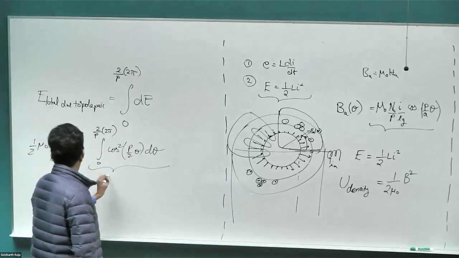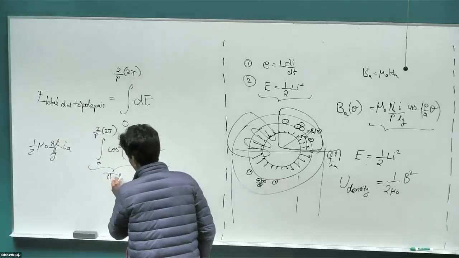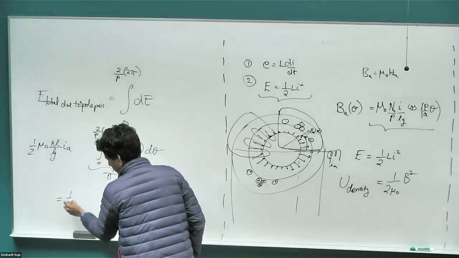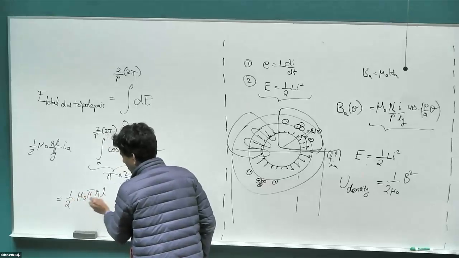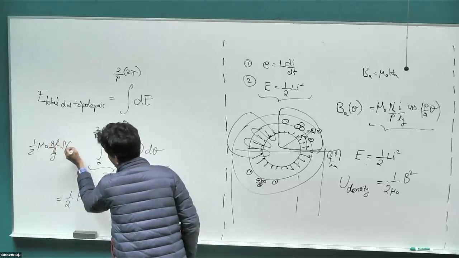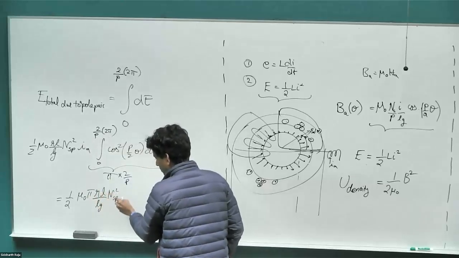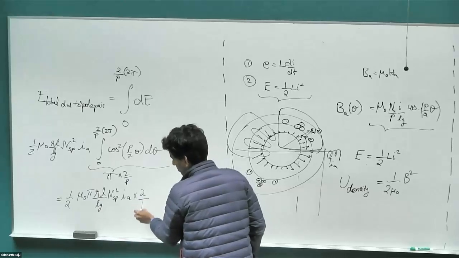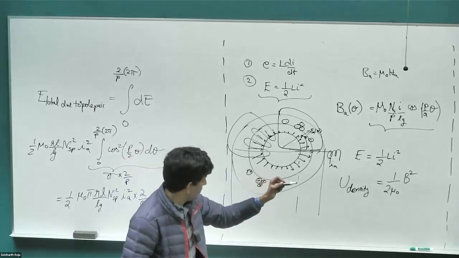So this integration comes out to pi times 2 by P. Again, plug it in Mathematica and it gives the answer for you. So the final expression is 1 by 2 mu naught pi RL divided by Lg times NSP square by A times 2 by P times I square.